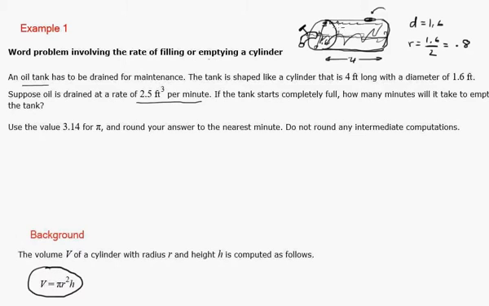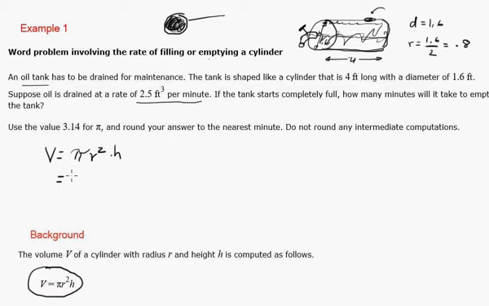The volume is basically how much it holds in cubic feet. The volume is pi r squared, which is just the area of the face. Sometimes we call that the base. And then we multiply it times 4, which is the height.